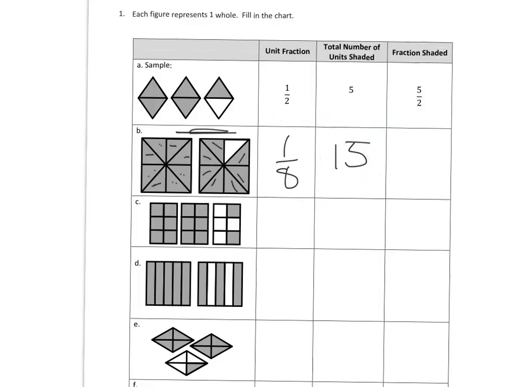So we're going to take this 15 and write it up top. And then we are going to take this 8 and write it on the bottom. So 15/8. It's almost 2 whole pieces are shaded, but it's a little less. It's 15/8.